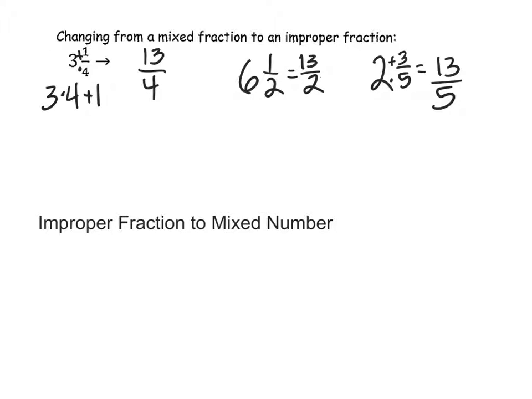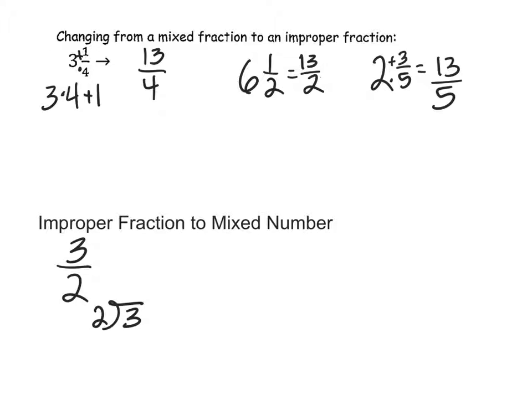Improper fraction to mixed number. Let me give you an improper fraction. The number on the top is larger than the number on the bottom. So write down 3 halves. Okay, so 3 halves becomes, if I divide the 2 into the 3, it's like this. 3 divided by 2.